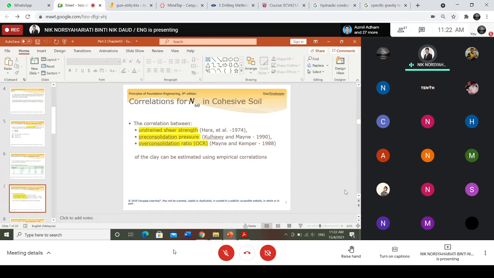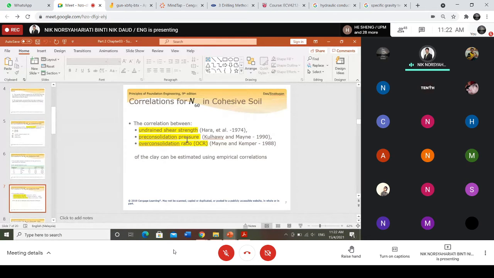So there's also a few references that you can find. The correlation for the N60, so the correlation between the N60 to the undrained shear strength. This is based on Hara. Then pre-consolidation pressure, and over-consolidation ratio.